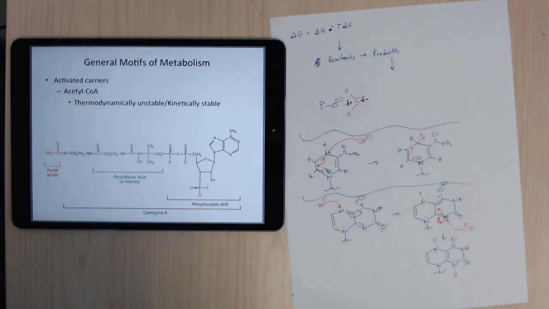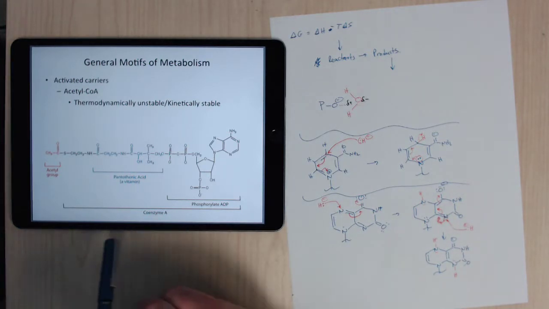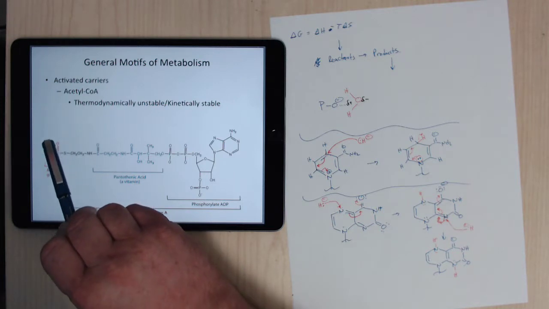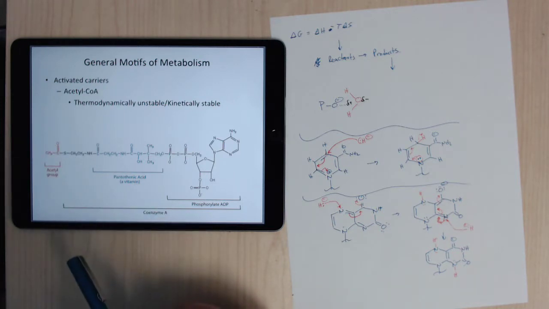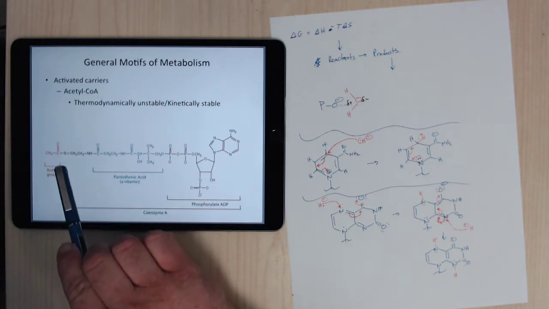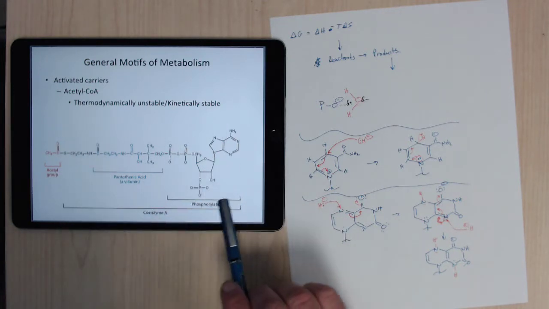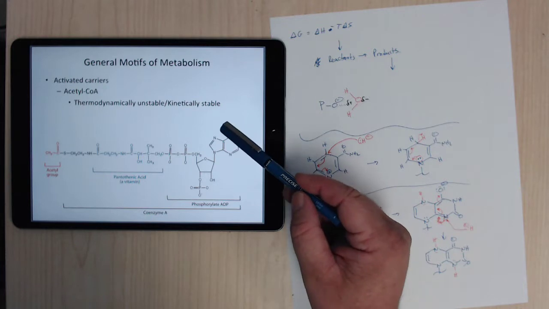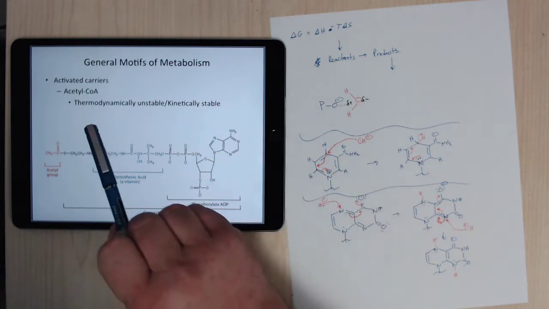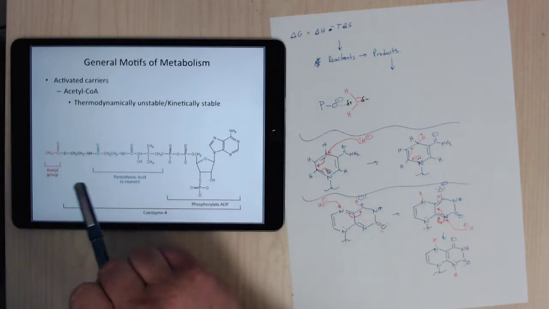activated carriers, so acetyl-CoA, and so on. Again, it's going to be thermodynamically unstable but kinetically stable, just like ATP. So this here is your acetyl group, and this pantothenic acid, the ADP right here, this is all basically a good leaving group.